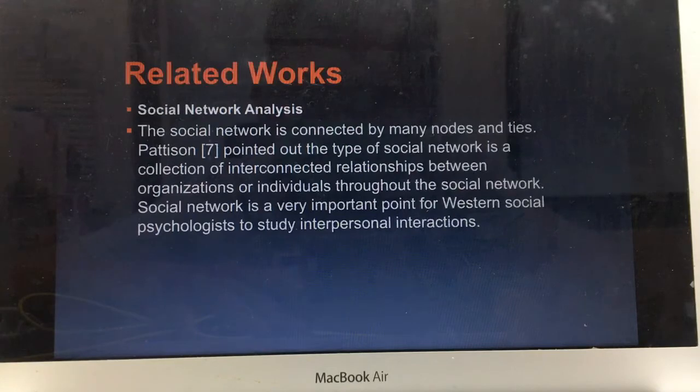We use social networks. A social network is connected by many nodes and ties, as the researchers pointed out. A social network is a collection of interconnected relations between organizations or individuals. Social networks are a very important point for Western social psychologists to study interpersonal interactions.